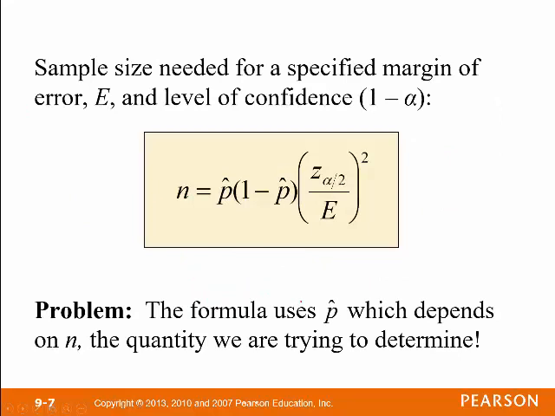Okay, so the sample size needed for a specified margin of error E, which is the margin of error you're going to be given, and the level of confidence, 1 minus alpha. So it's going to say something like a 99% or 95% confidence level. It's just this: n is equal to p hat times 1 minus p hat times the critical value, z of alpha divided by 2, which we're just going to look up from the table.